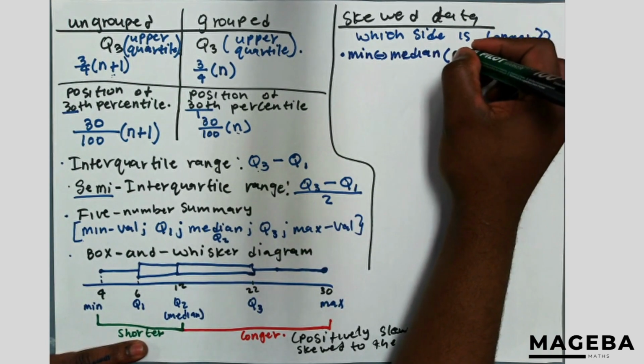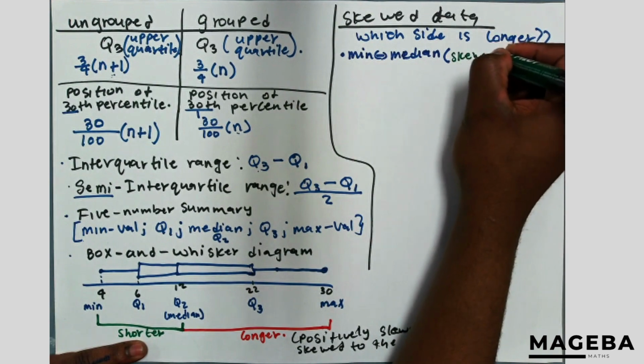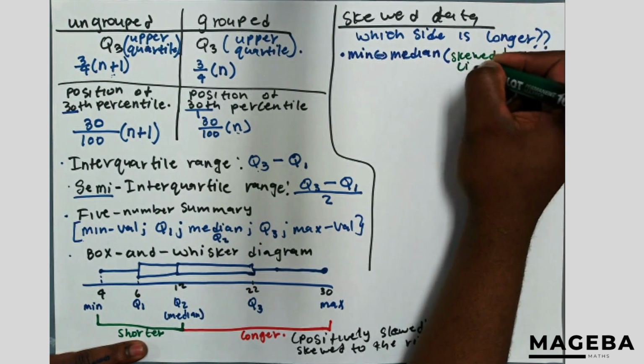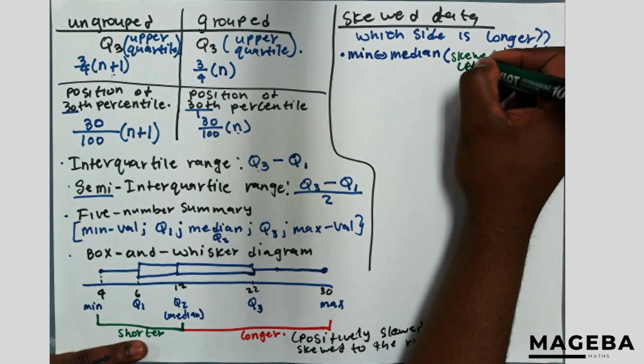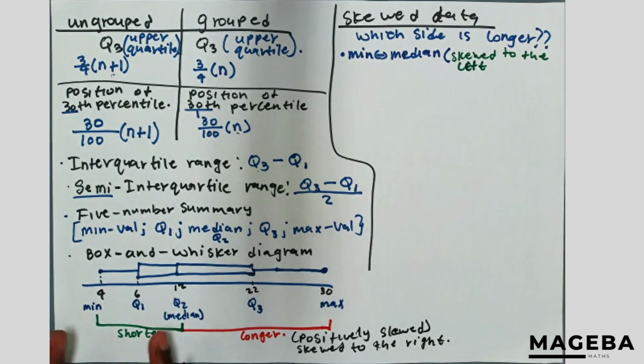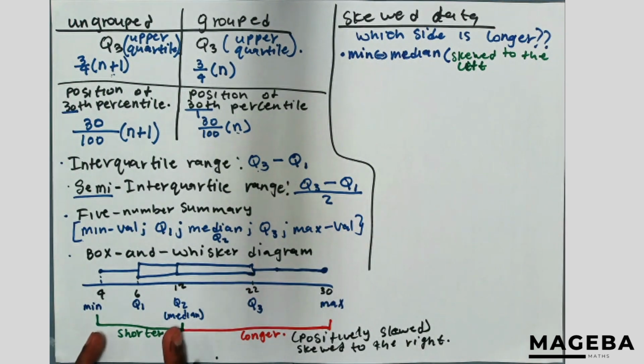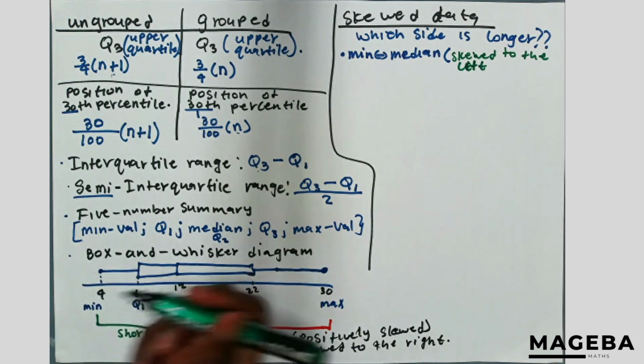then it's skewed to the left. Just making an example, if this side was longer than this side, our box and whisker diagram would be skewed to the left. Why on the left direction? We're going to say it's negatively skewed. Why do we say it's negatively?